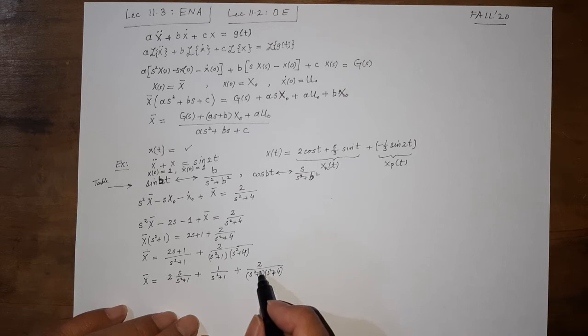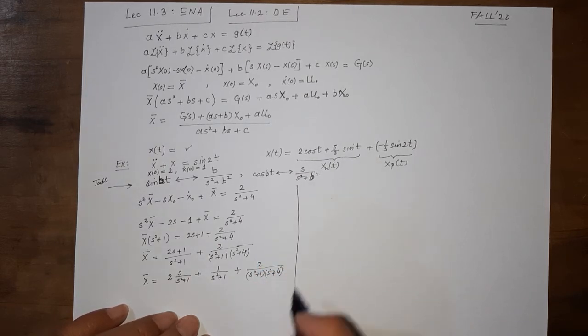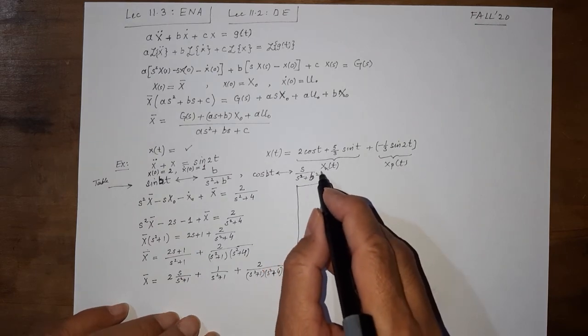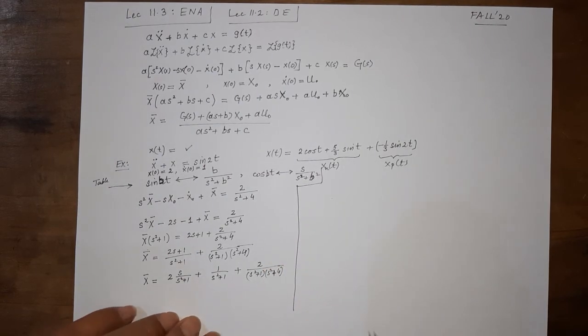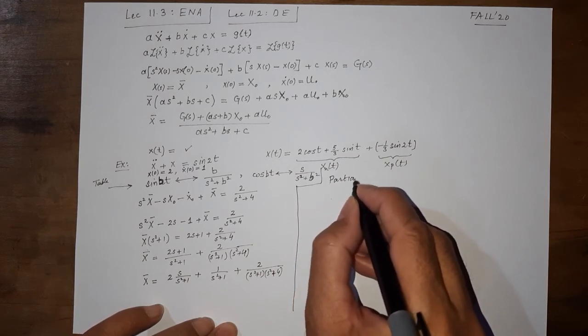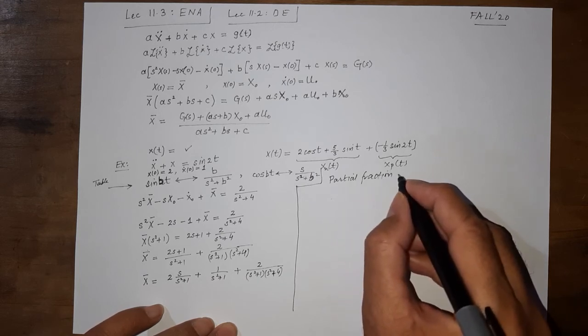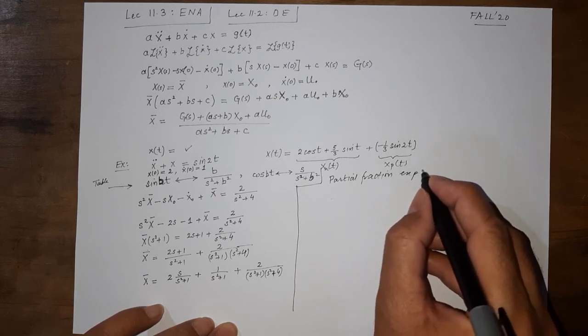We want to write it as something over s square plus 1 plus something over s square plus 4. How to do this? I hope you remember now, there is something from your old knowledge known as partial fraction based expansion.